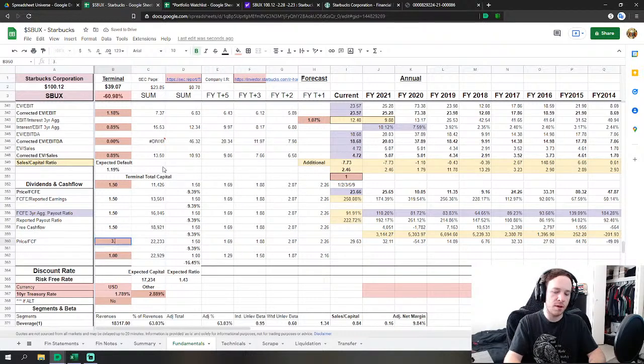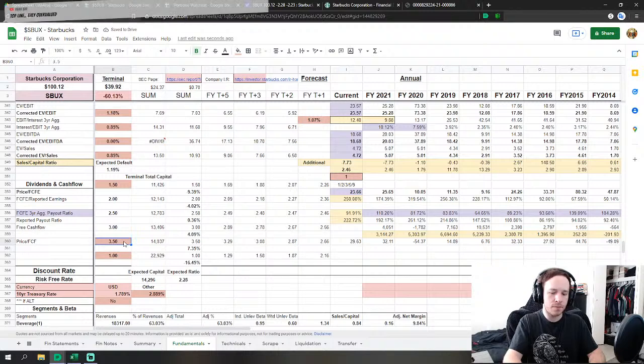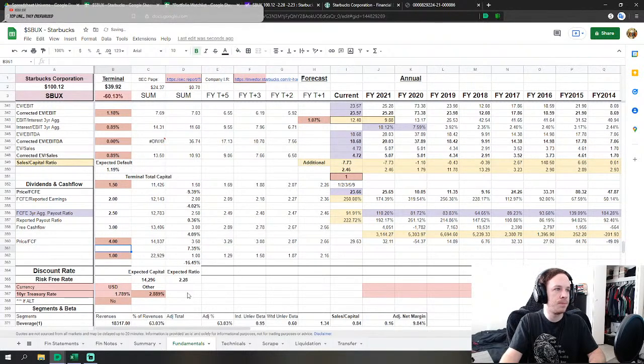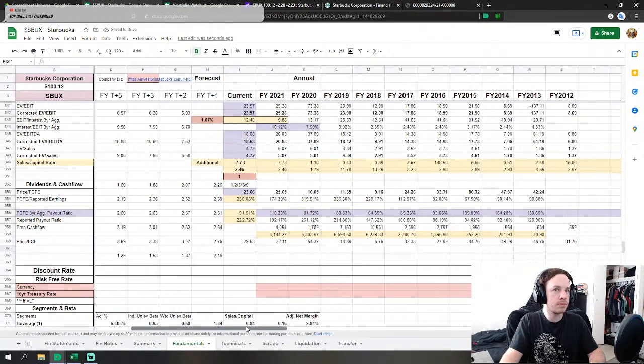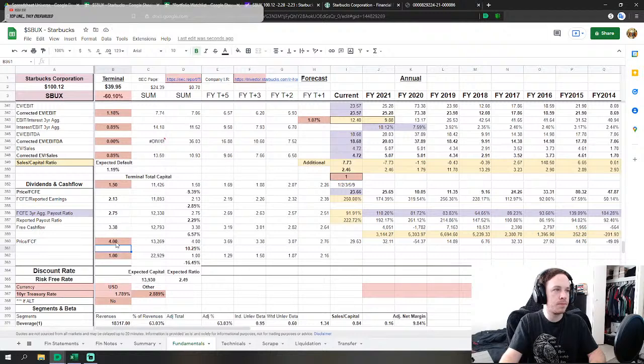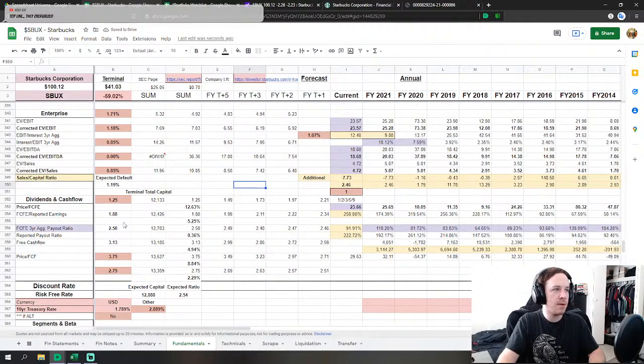And then it could be pretty significantly above that for the best case scenario, something in that range. We might adjust it a little bit further.